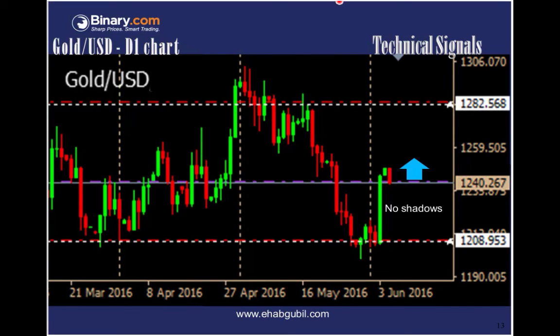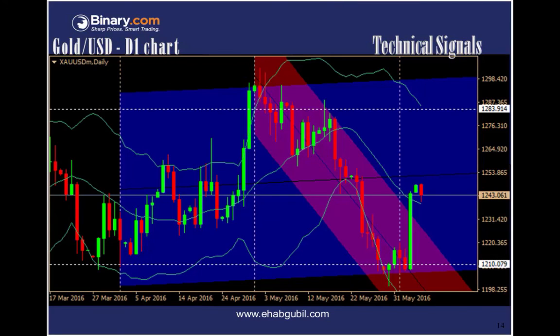But it's confirmed also by the regression channel strategy. We have here 2 regression channels. This one for the last month and this one for the last 2 months. And you can see the market already broke the upper level of the 1 month channel. So I expect the market to keep moving upwards to reach 80% of this distance, to the level of 1,284.